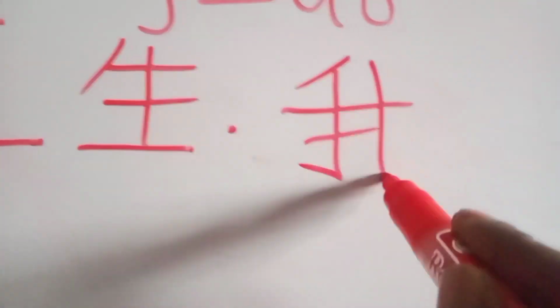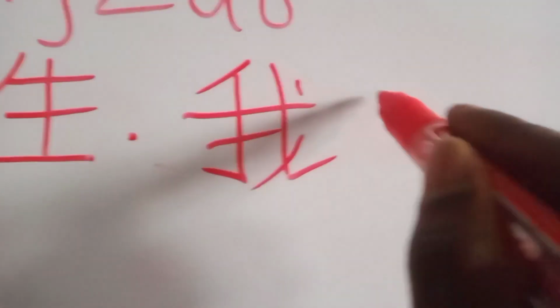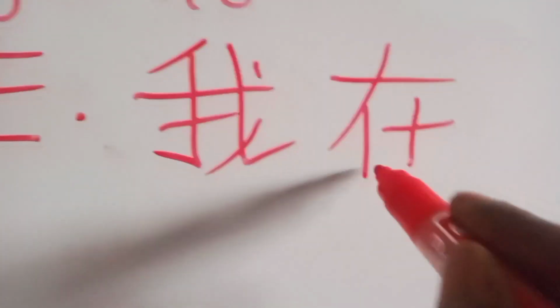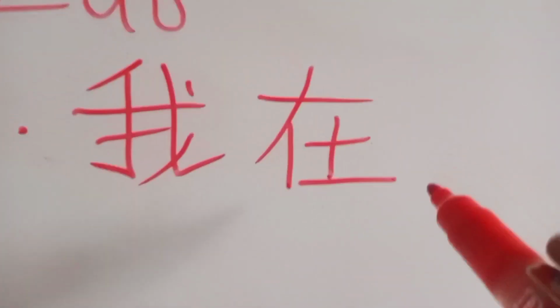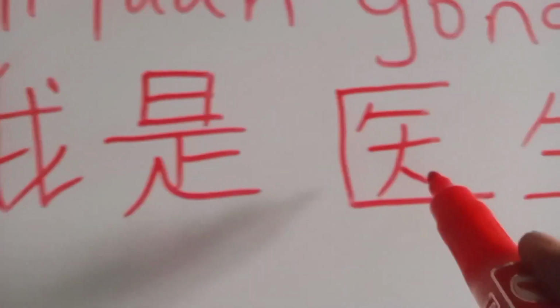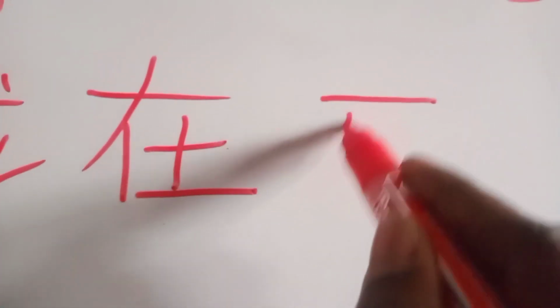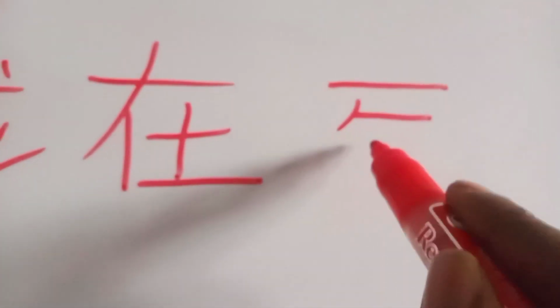我是医生, 我在, we have written 我在 before, so let me just hurry that up. 我在医院, yes, we have not written 医院. This is how to write 医院, the same yi you have in 医生. So you go like this. Even though we've written it before, I'm still going to take this slow so that you look at it very well.